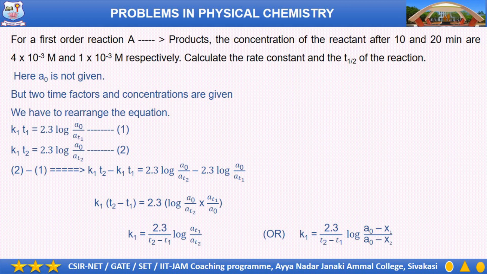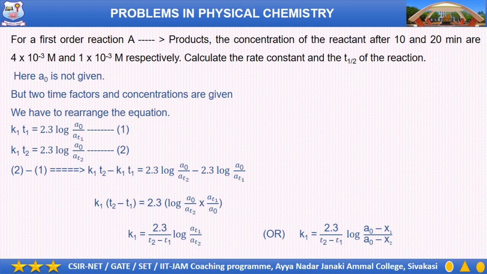K1 for such a reaction, where concentration alone is given, is equal to 2.3 by T2 minus T1 into log of A minus X1 by A minus X2, where A is the initial concentration.